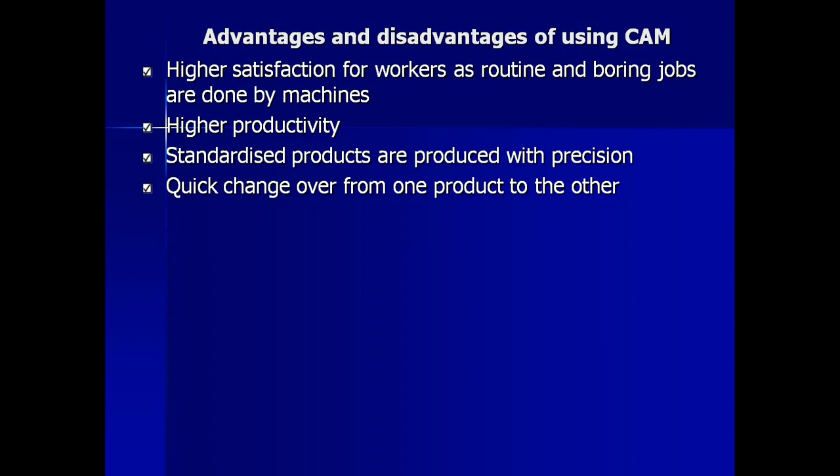But once you do it, it's not that difficult, and it's a quick changeover, because the machines used in CAM can perform different types of jobs. So that's why the changeover is really very quick, and not much time is wasted in changing the type of product which is going to be produced in the factory or in the business.